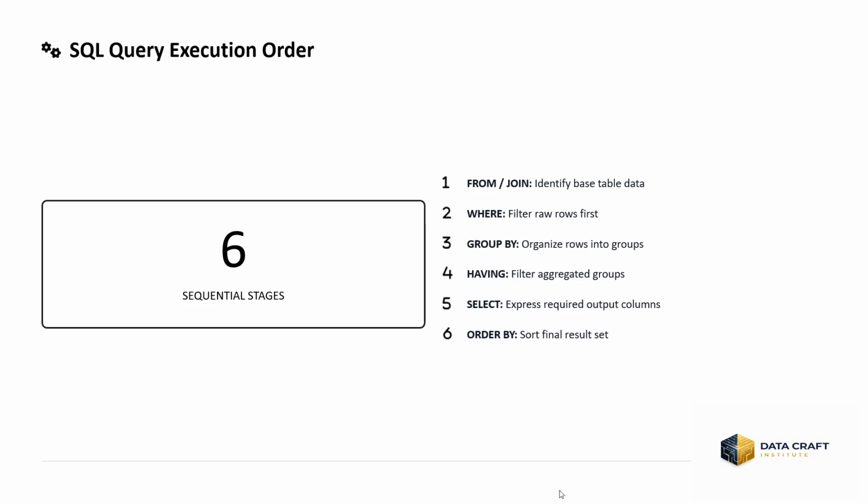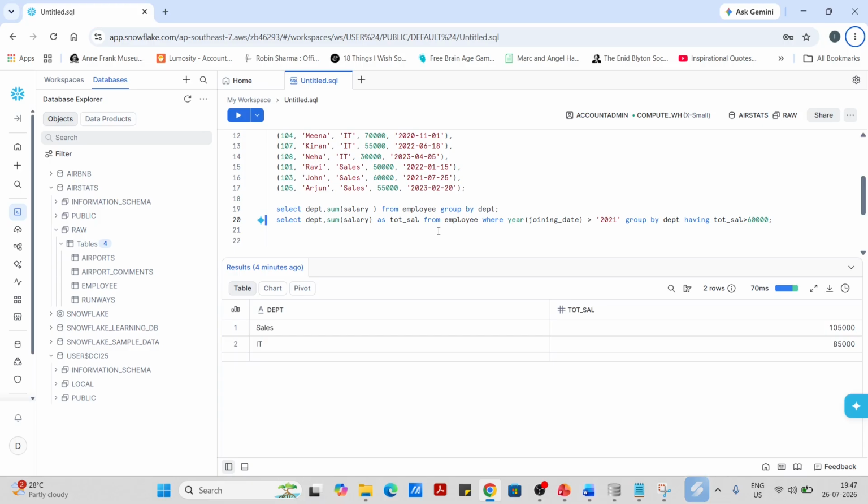One more thing to note is that previously we saw that you are able to filter data with the having clause using aliases, but select is executed after having. So ideally you should not be able to. Logically, because select is executed after having, how does having know that total salary is sum of salary?